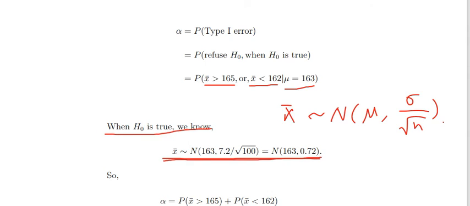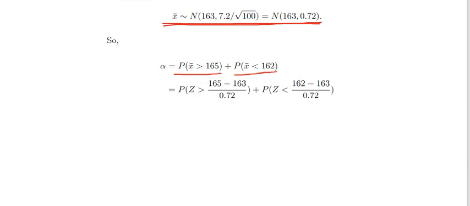For this probability, we change to the standard normal: minus mu divided by sigma. Maybe we need a little bit of calculation.